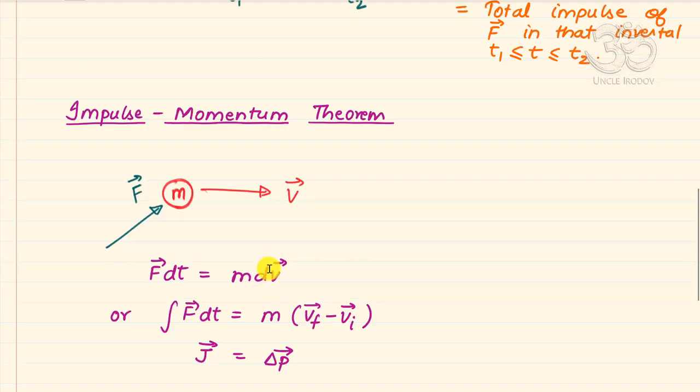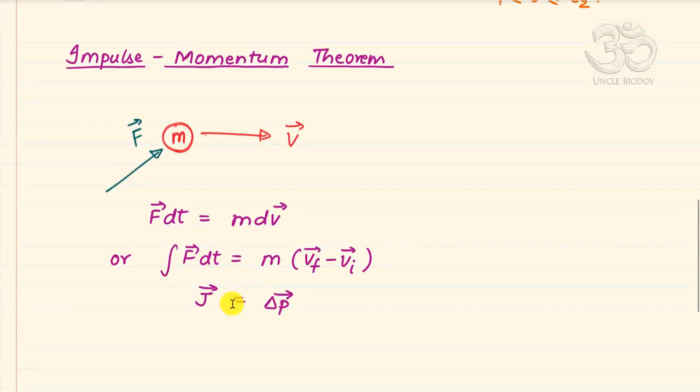Now this may seem to be a very trivial thing, and there is always a doubt that is going to appear in your mind as to why we are giving it a fancy name, impulse momentum theorem. But we will see that applied to one individual particle it's not very interesting, but applied to a system of many particles, it gives you interesting answers based on whatever the statement of the problem is, and we'll be solving a few of them afterwards.